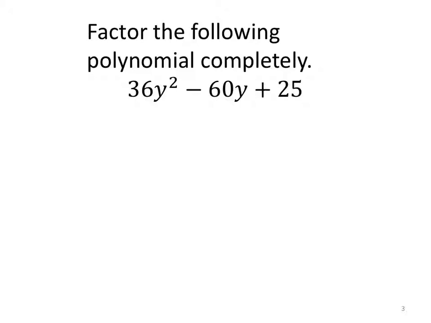Okay, when you see a polynomial like this, you see some big numbers, and you can use your techniques that you've learned so far to do this without having had to memorize something, but it'll be a lot harder than if you notice this is a perfect square trinomial and this is a perfect square trinomial. So let's rewrite that as 6 squared y squared and 5 squared, and wouldn't it be nice if this just factored to 6y minus 5 squared?